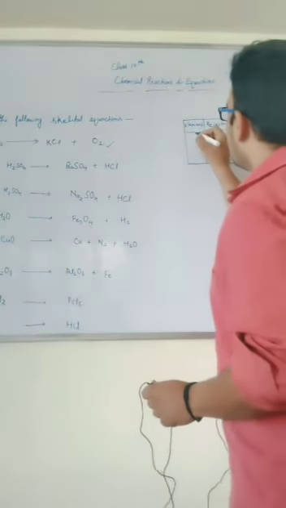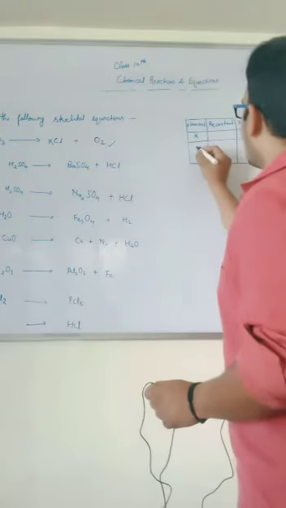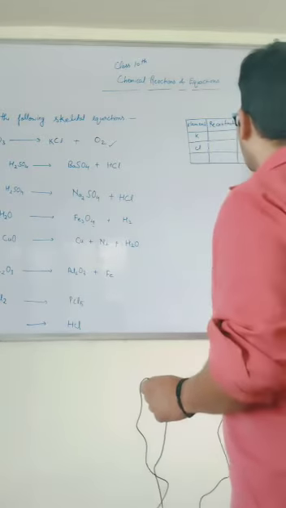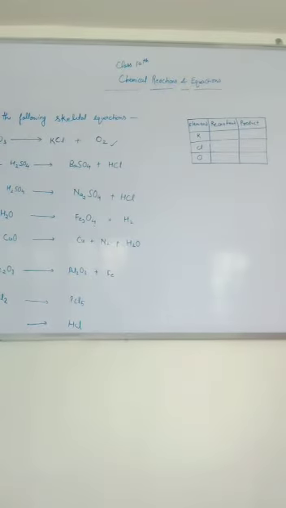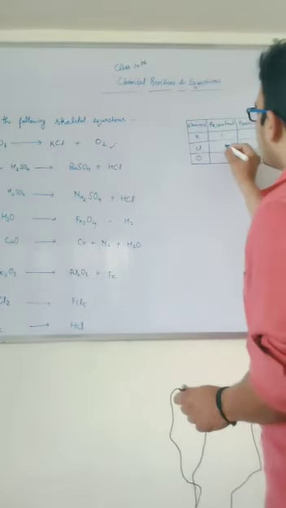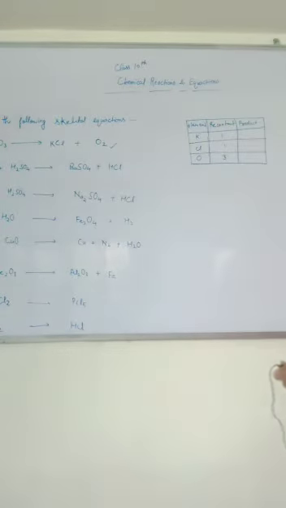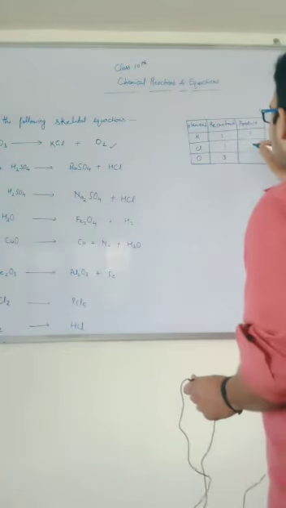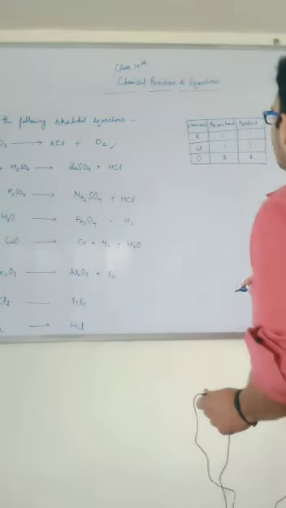We have 3 elements here: potassium, chlorine and oxygen. In the reactant side, potassium has 1 atom, chlorine has 1 atom and oxygen has 3 atoms. And in the product side, potassium has 1 atom, chlorine has 1 atom and oxygen has 2 atoms.